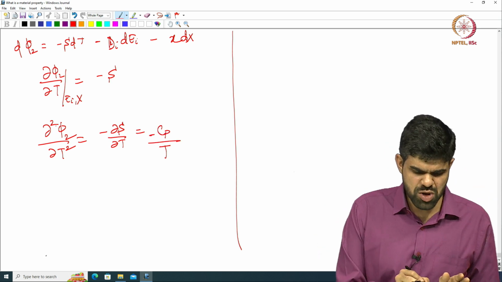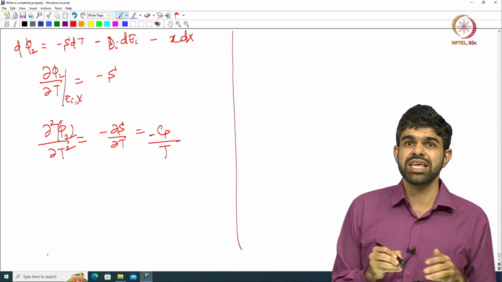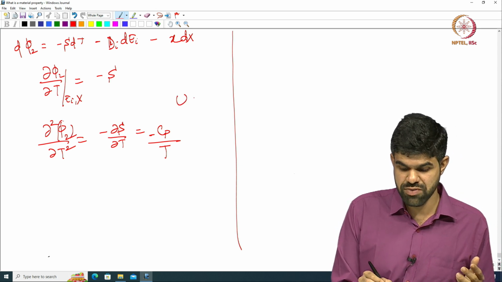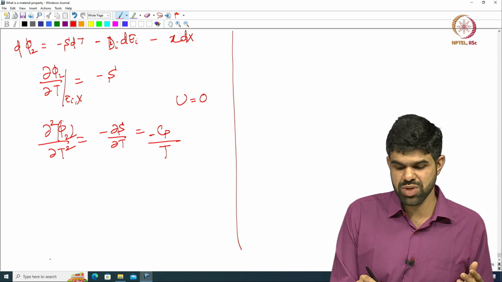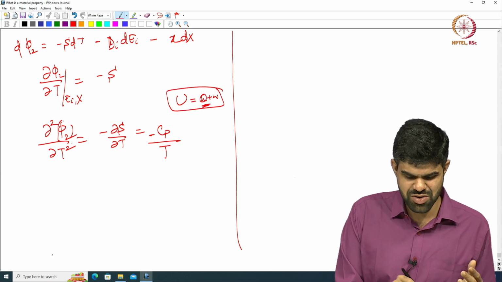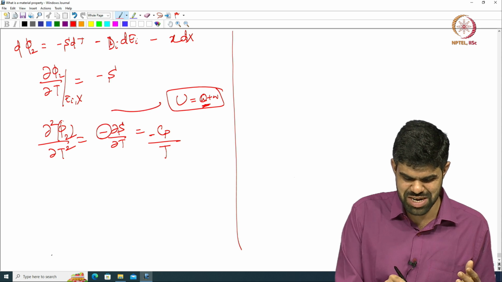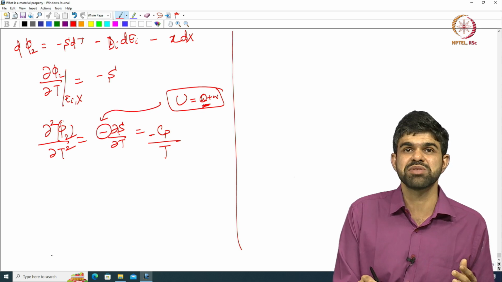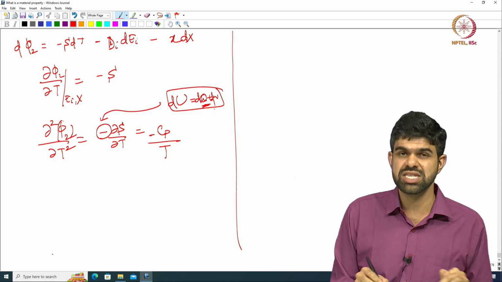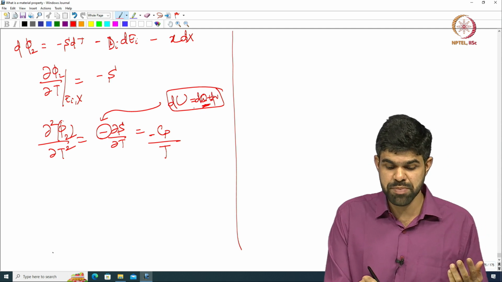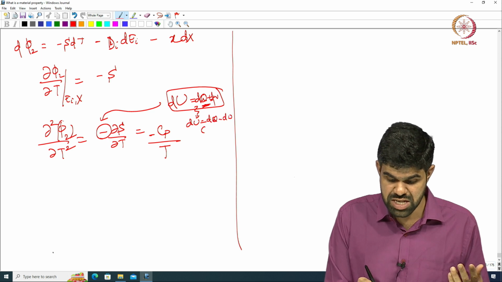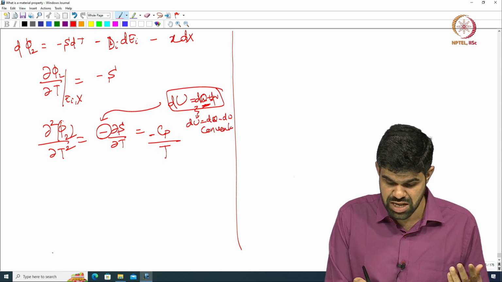Okay. So this is because of the way I am defining dou phi and the convention that I use to define u, right. So u equals q plus w, that is how I defined u, right. Because of this convention, the minus sign directly arises from the convention that I used, or du equals dq plus dw, right. So this is the first law of thermodynamics. Some people use the convention du equals dq minus dw, which is another convention, right.